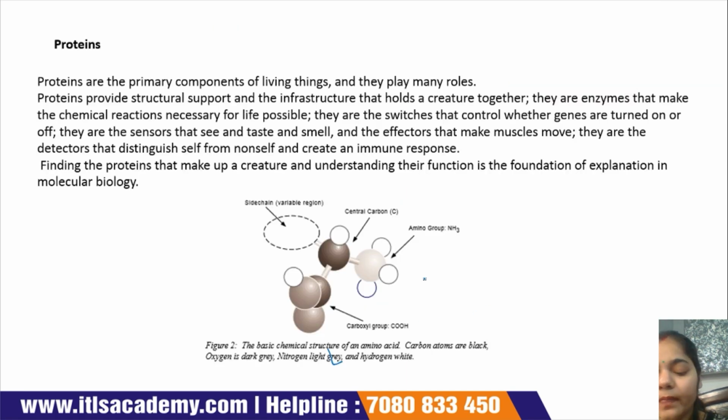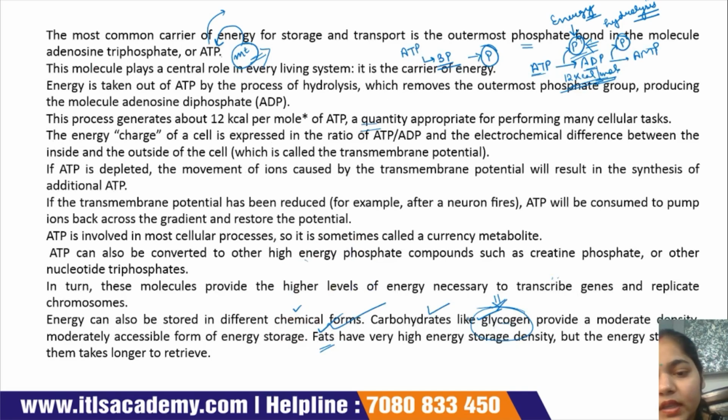In glycogen we obtain a moderate amount of ATP, but in fat we obtain a high or very high ATP or energy molecule.